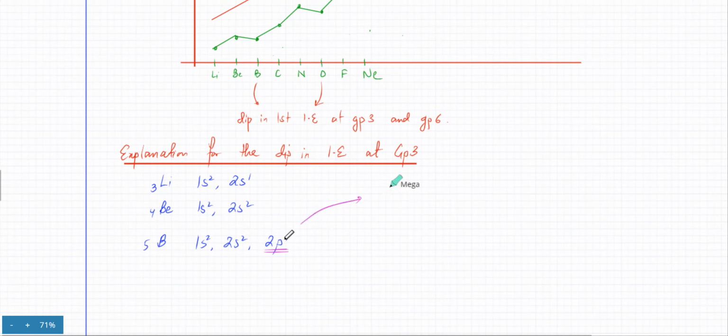So the explanation is that in boron, the electron is removed from a higher energy 2p subshell, which is further away and more shielded.